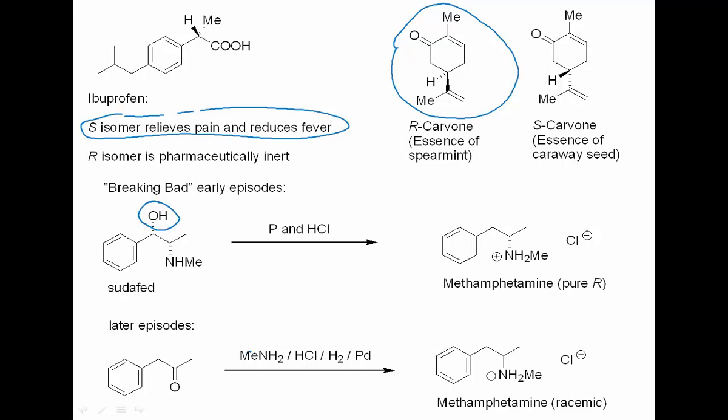However, the methamphetamine that you get this way has to be racemic, so I'm not sure that the stuff that made the hero of the show, Heisenberg, the real king of methamphetamine, would be quite as potent because it's a racemic mixture, whereas the stuff derived from Sudafed would be only the correct enantiomer.